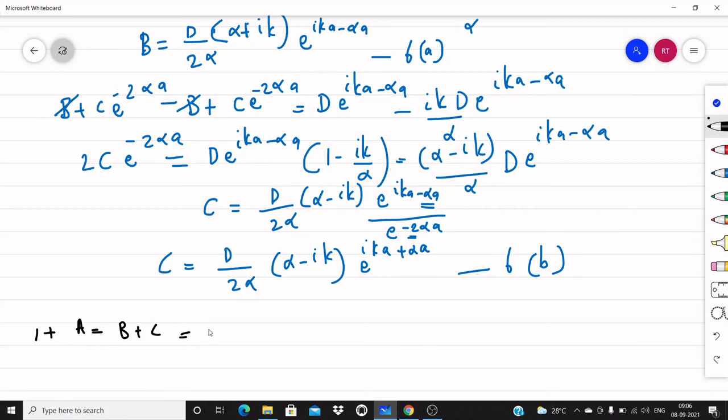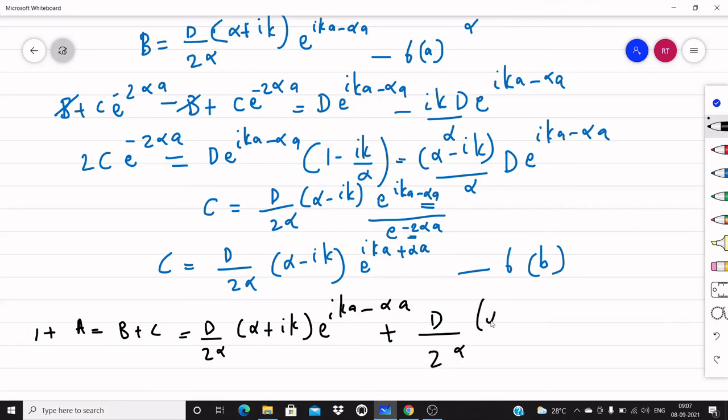So it becomes d by 2 alpha plus ik e raised to ika minus alpha a plus c is d by 2 alpha minus ik e raised to ika plus alpha a.